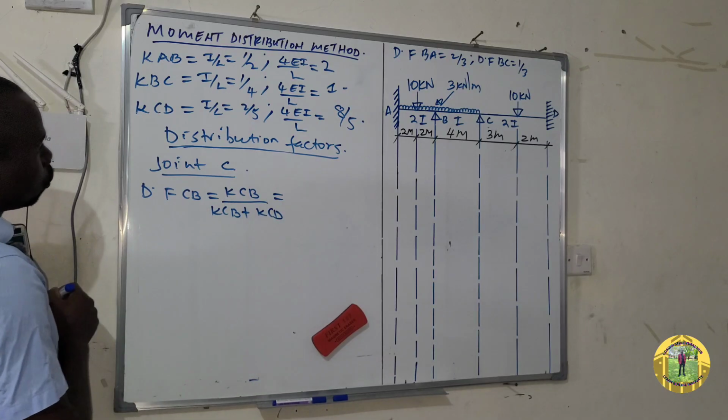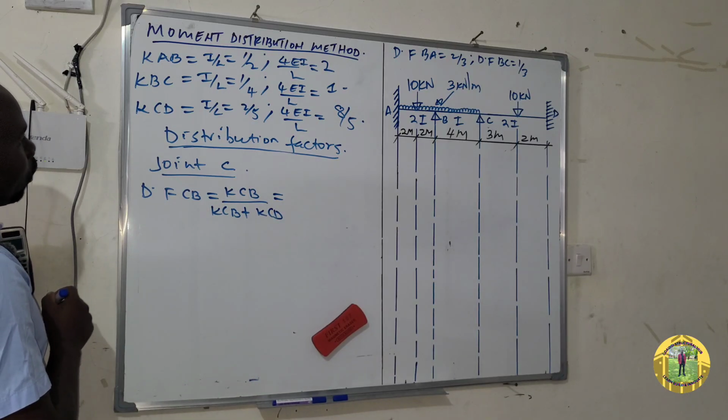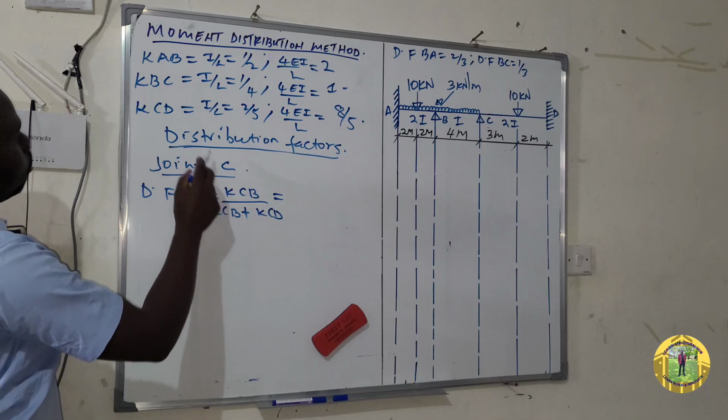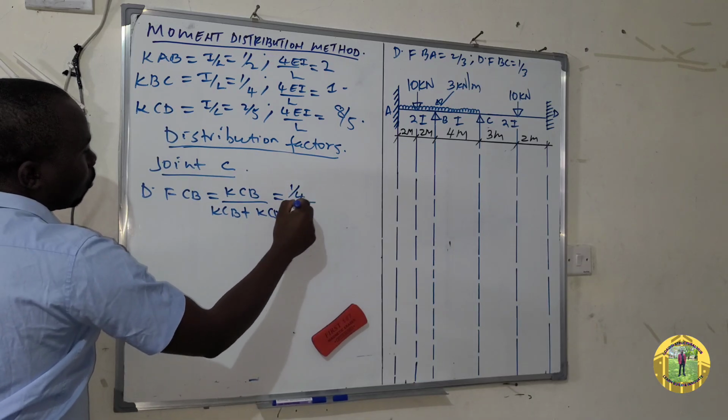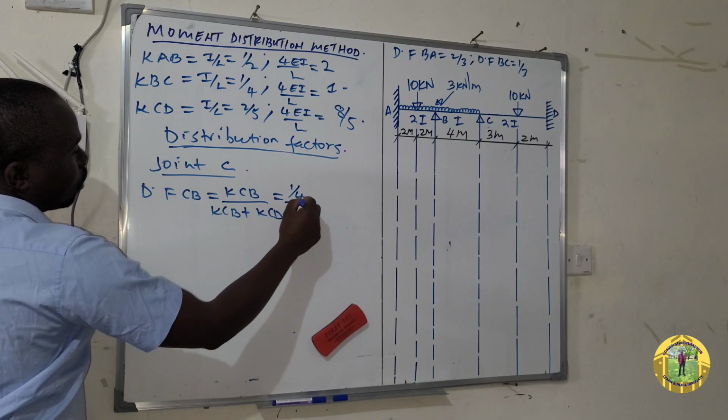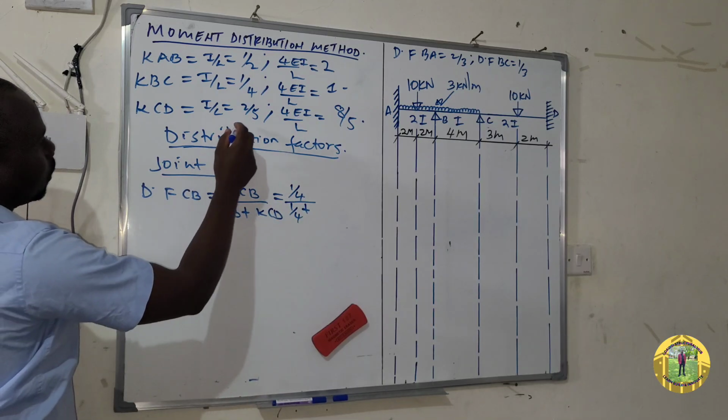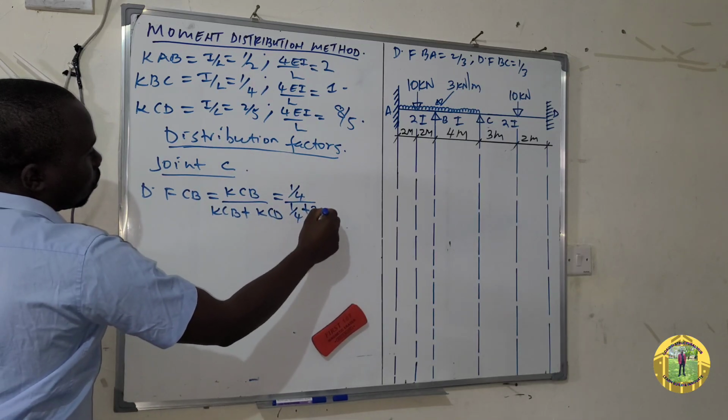If we use I over L, KCB or KBC is 1 over 4, all over 1 over 4 plus KCD, that is 2 over 5.